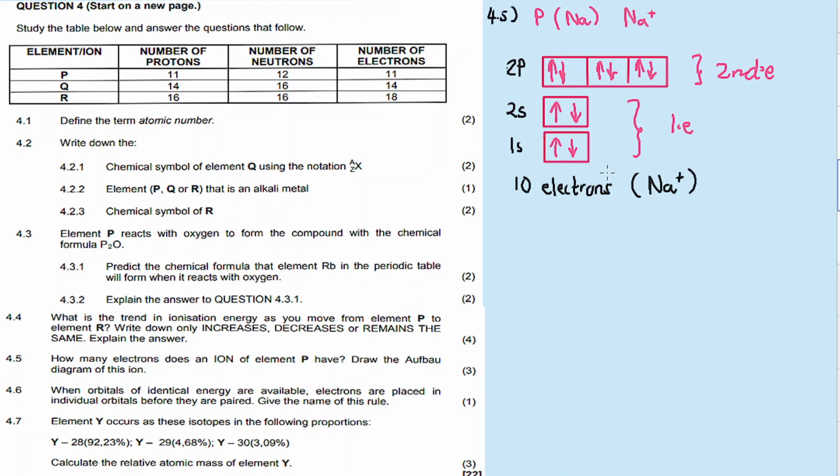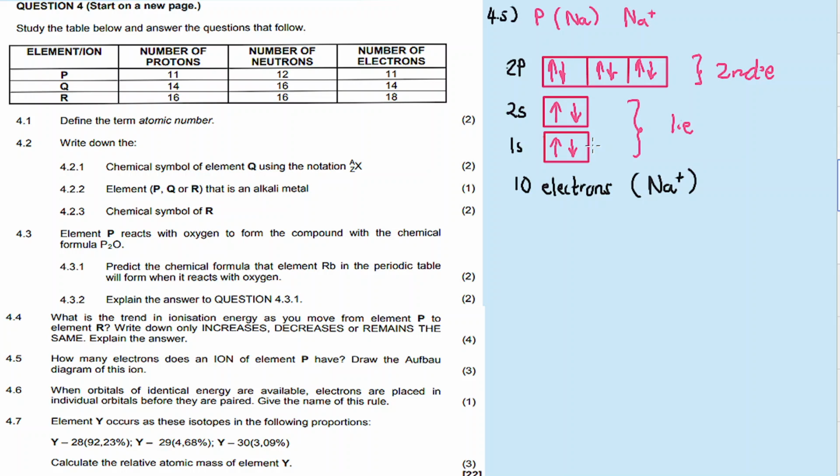So all our orbitals are filled in for the Aufbau diagram of this ion. If we were drawing the Aufbau diagram for sodium, the element and not the ion, we would draw another orbital up here, right? We would draw another orbital up here. But anyway, this is the Aufbau diagram for 4.5.